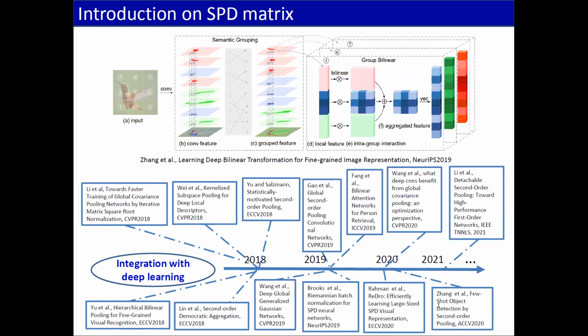Then we moved to topics such as how can we do this kind of backpropagation very efficiently, and how can we handle large covariance? You can see that it's still a very active research topic in major computer vision conferences and journals.